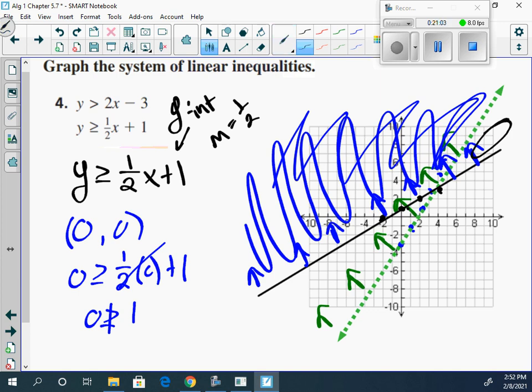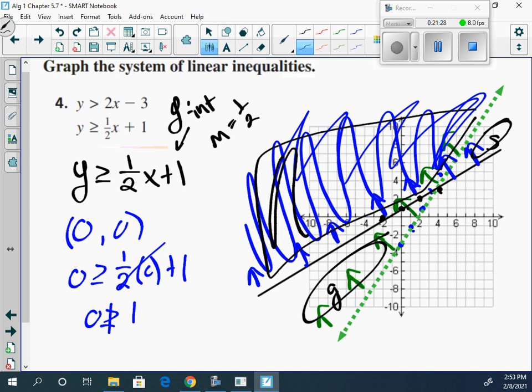Now this spot over here and this spot over here are only true for one. Down here it's only true for the green dotted. Up here is only true for the solid black, where I circled those two spots. The only real spot that's true for both is this up here.